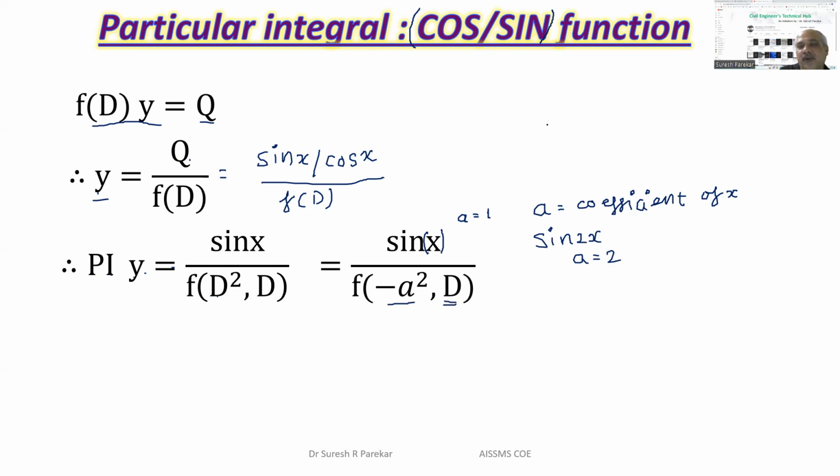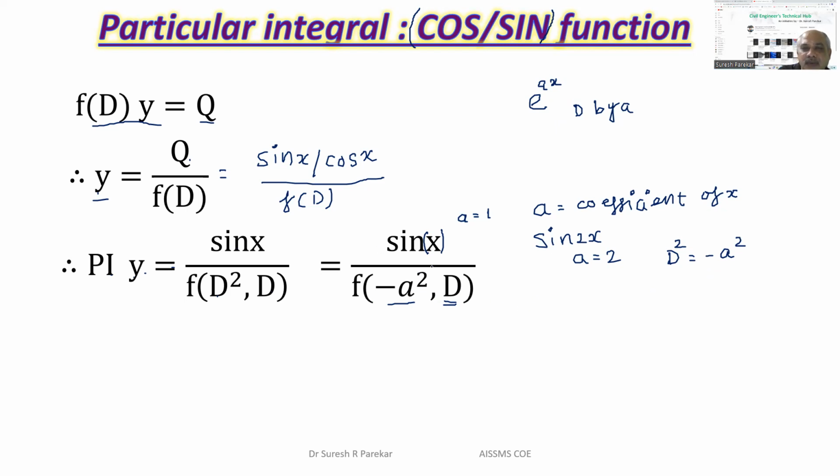In case of exponential function, we replace D by a. But in case of sine cos function, we replace D square by minus a square. D we cannot replace by a. So we have to keep that in mind.